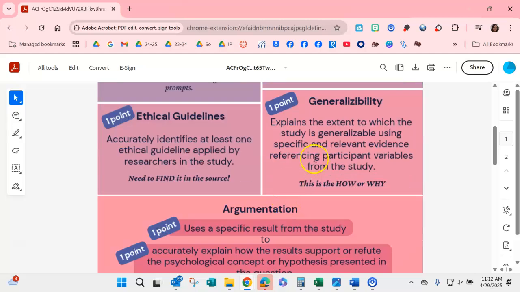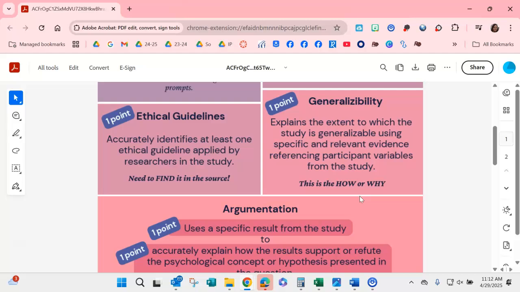Ethical guidelines is probably the easiest one for you to pick out, but the key thing is, and it's written right here, you have to find it in the source. You can't be like, oh, they didn't talk about debriefing, so maybe they didn't debrief. You cannot make inferences. You don't assume that if they didn't write about it, it didn't happen. Instead, write about what they did do. They got informed consent. They got their permission.